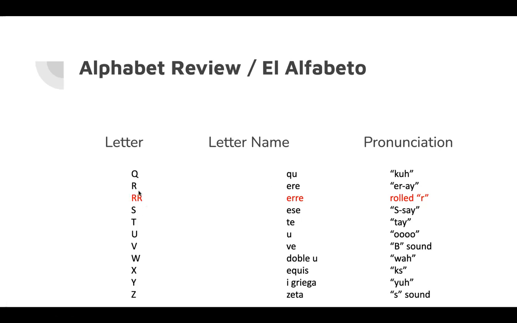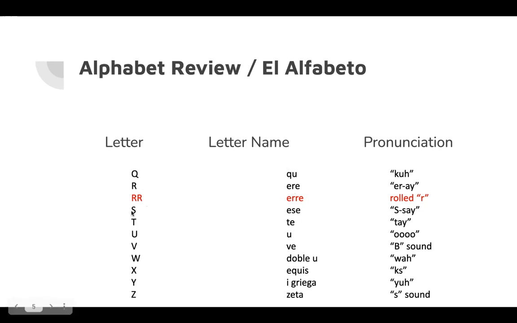The double R is one of those letter combinations, and it's the rolled R sound. Believe it or not, I can't roll my tongue, and most people that can't roll their tongue say ere. I would do that, but I can't.